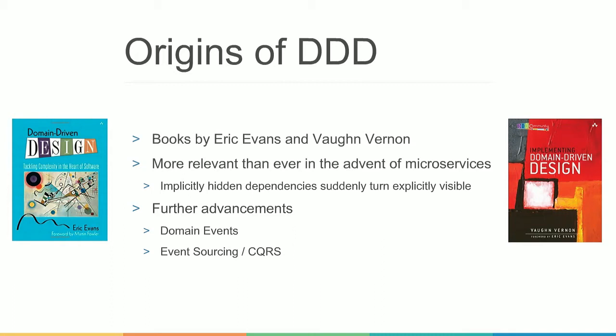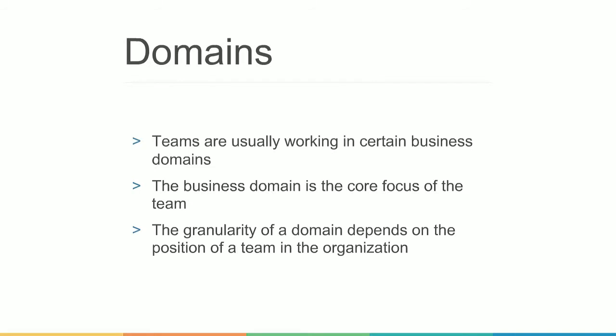Now, without further ado, let's go into the part of strategic design. And obviously, everything starts with domains. Domain-driven design is called domain-driven design because it says you should derive your software architecture and the implementation of your software from your business requirements.